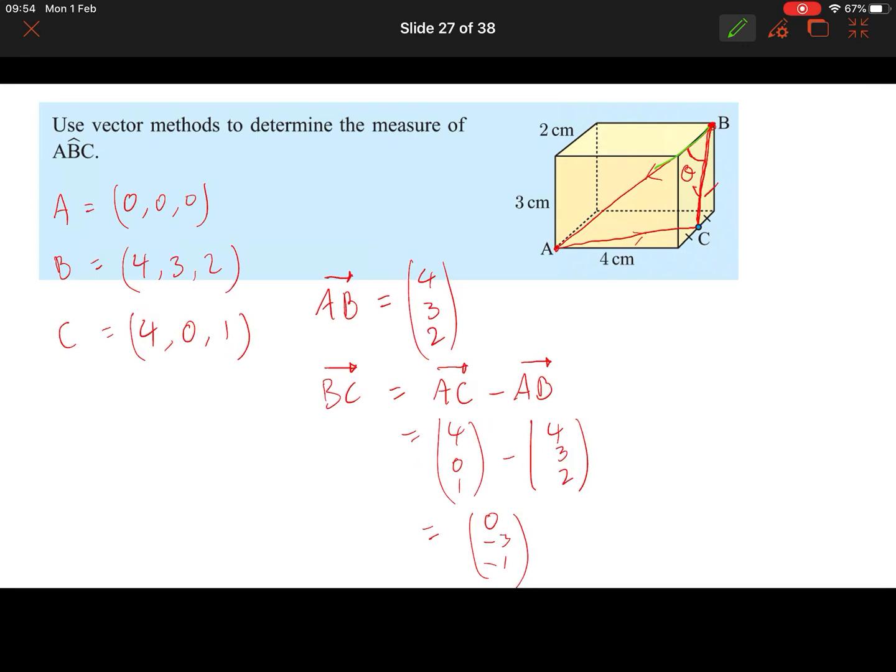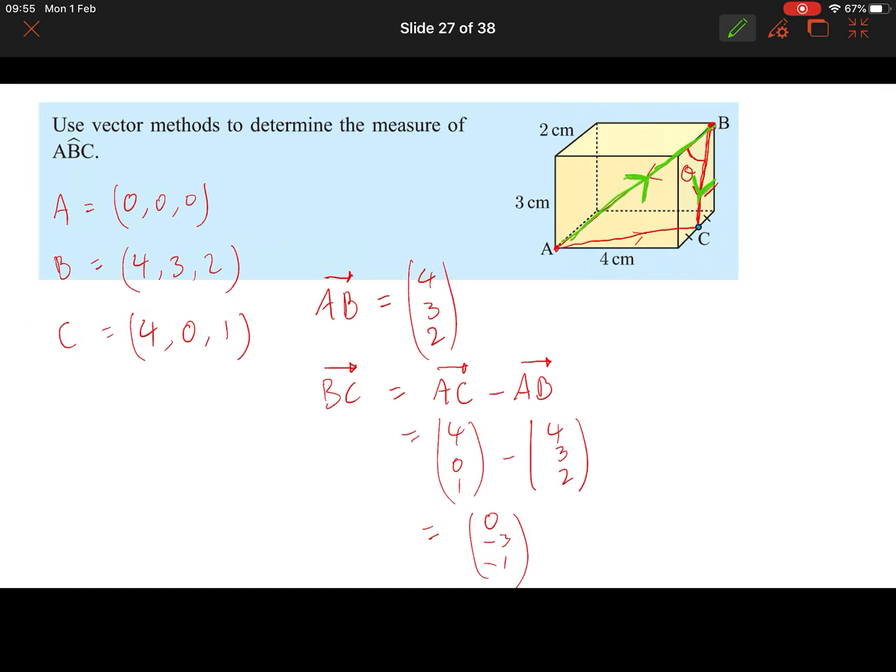So what I need to do is find the angle between these two vectors. I'm going to tell you now that I think the result is going to be an obtuse angle, when clearly my angle needs to be acute.